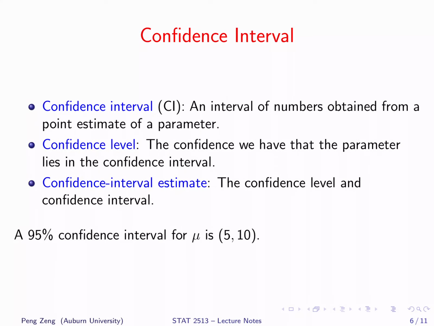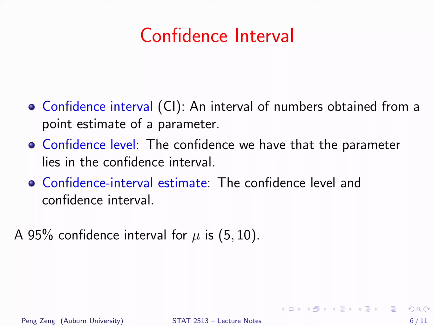Confidence interval is another influential method that incorporates the accuracy of estimation. A confidence interval is an interval. For example, we may say that a confidence interval for mu, the population mean, is the interval from 5 to 10. It means that the unknown population mean mu falls somewhere in this interval.